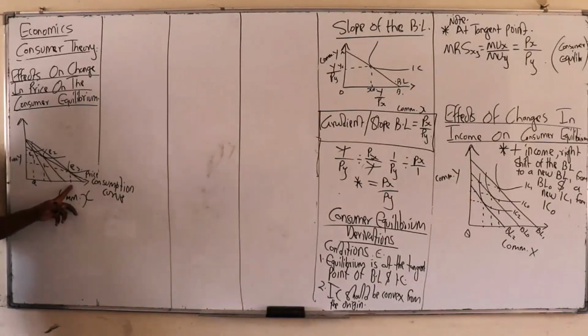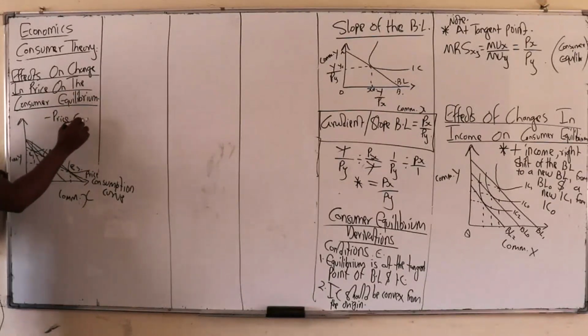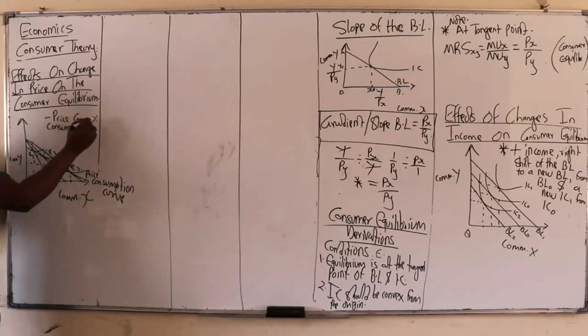Because as we are changing the price, we are reducing the price of commodity X. People will tend to consume more of what? More of commodity X.